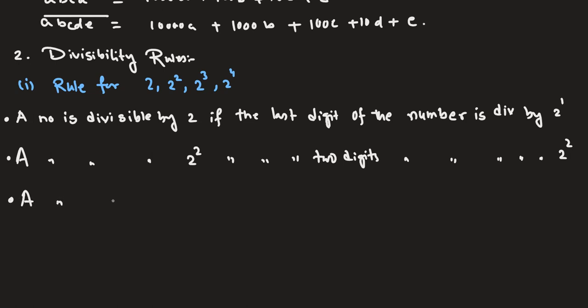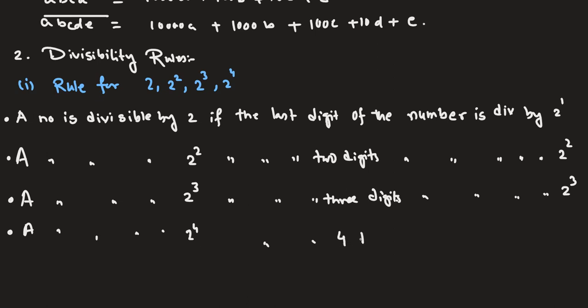A number is divisible by 2 power 3, that means 8, if the last 3 digits of the number are divisible by 2 power 3. A number is divisible by 2 power 4 if the last 4 digits are divisible by 2 to the power 4.